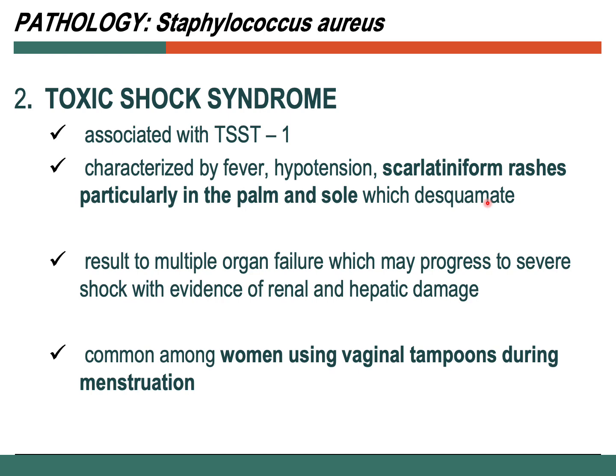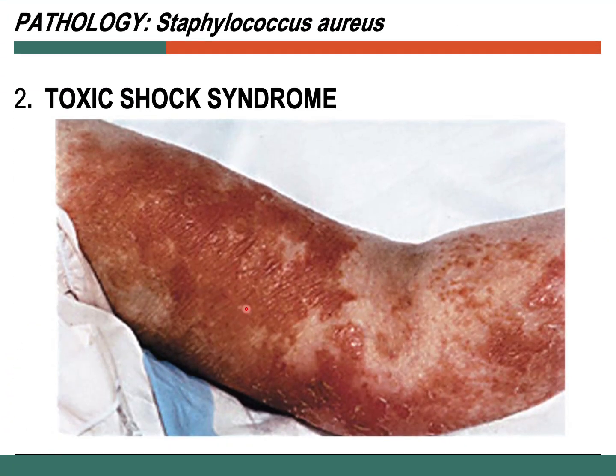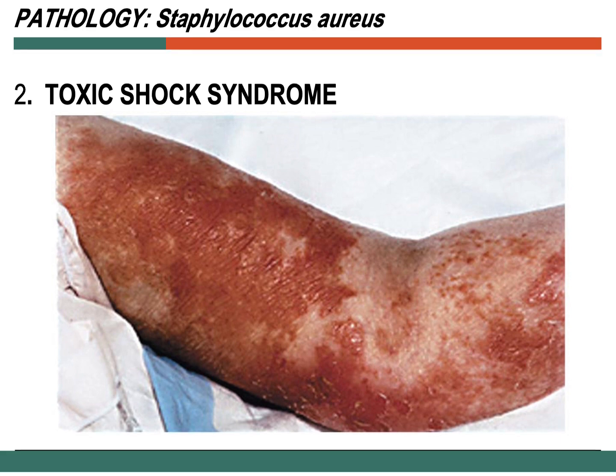So what happens is this toxin, or the chemokines and cytokines, cleave that protein, leading to the loss of the superficial skin. That is why desquamation occurs. This is a picture of toxic shock syndrome. You will see there the desquamation of the skin.